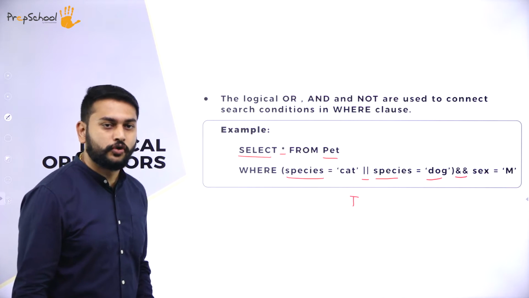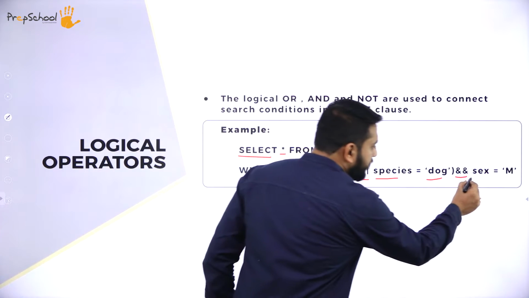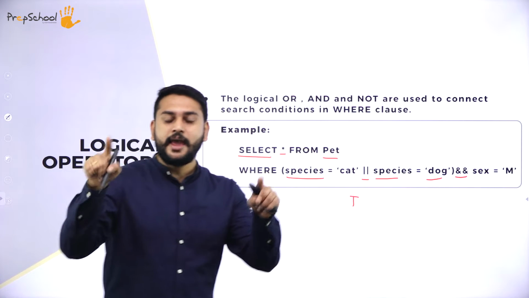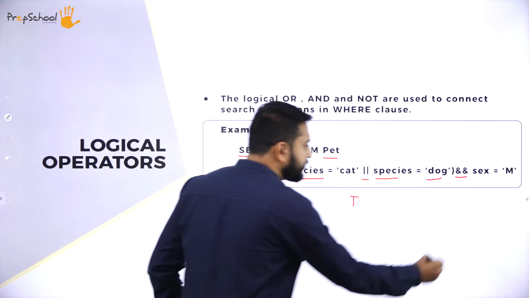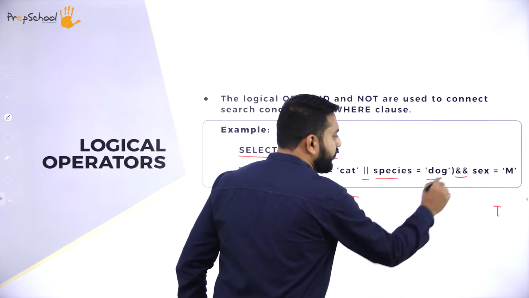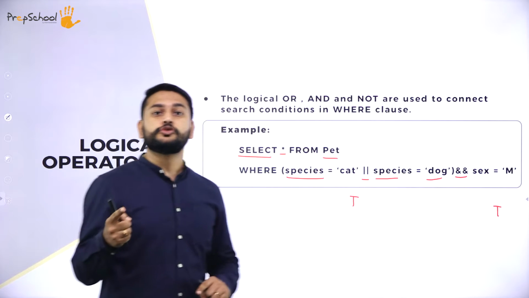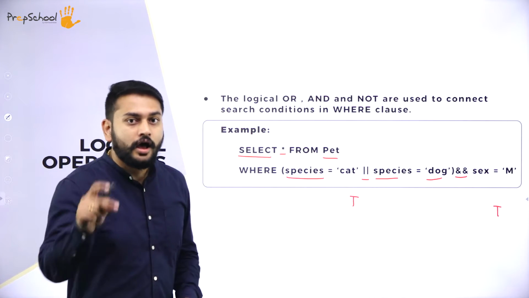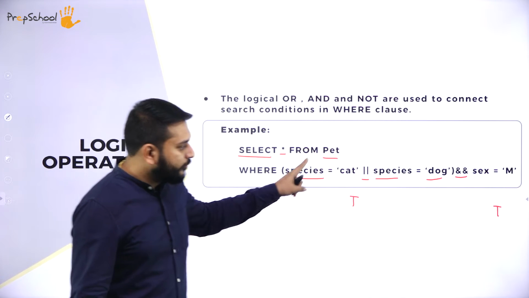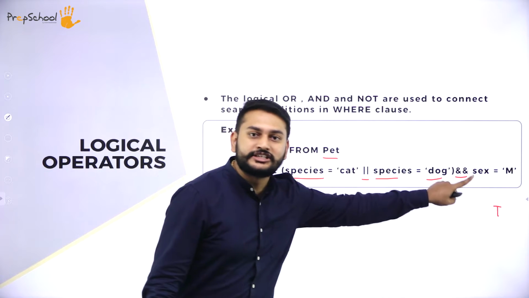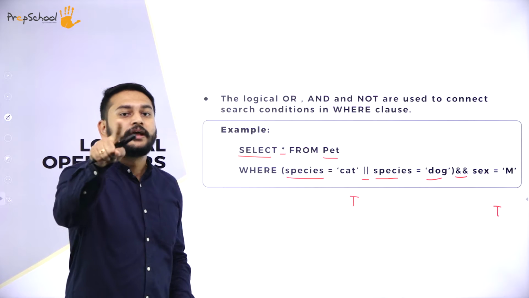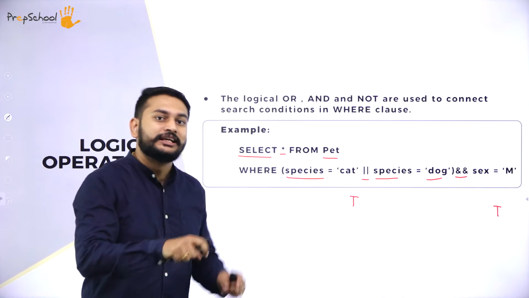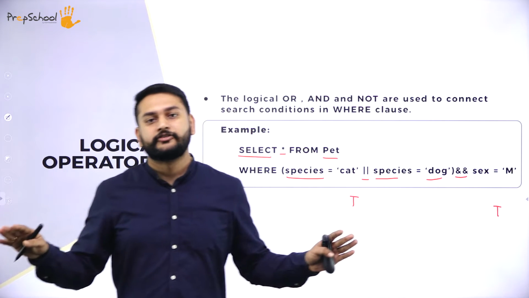One condition is true. Then after that, here this X is M. So here also it is true. So if I perform true into true, the result should be true. Then only the record will be retrieved. Otherwise, if any one of these conditions gives you 0, that is false, that record will not be retrieved.